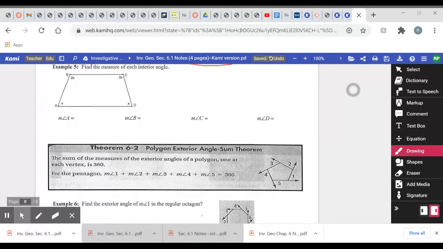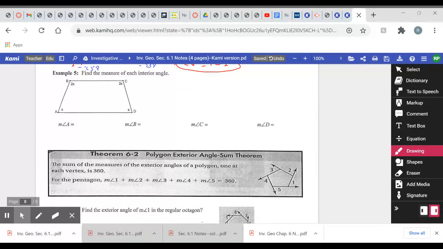Okay, if you look at example 5, it says find the measure of each angle. Really, we're doing the same thing we've just been doing. It just looks a little different because all the angles have x's in them, but it's still the same idea. So I still want to use my S equals 180 times n minus 2 formula. I'm still going to add up these interior angles, it just looks a little different.